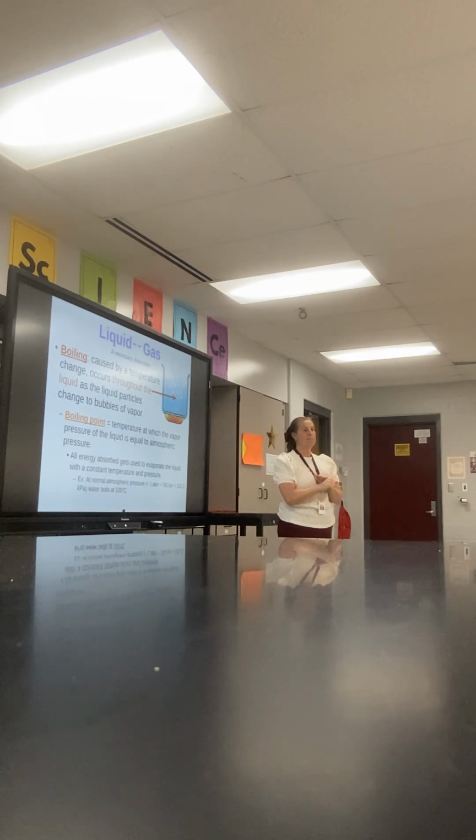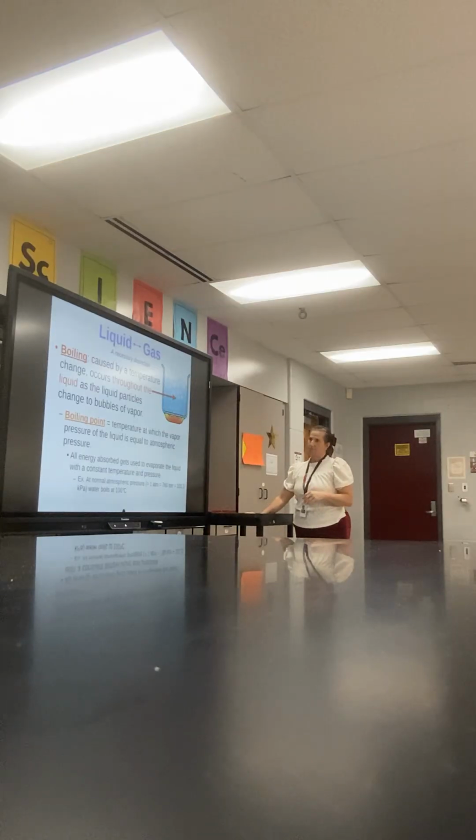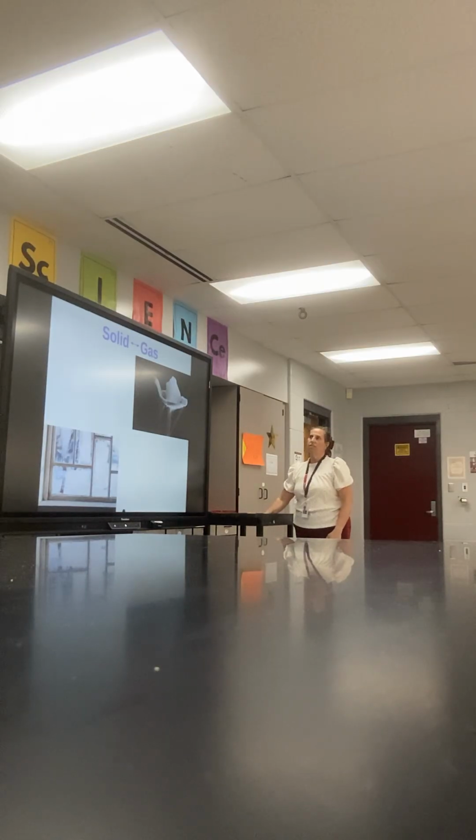We will be learning about the ideal gas law and how pressure and volume affect the outcome. Temperature plays a big role in that too. But that one's a pretty easy formula to plug things into.